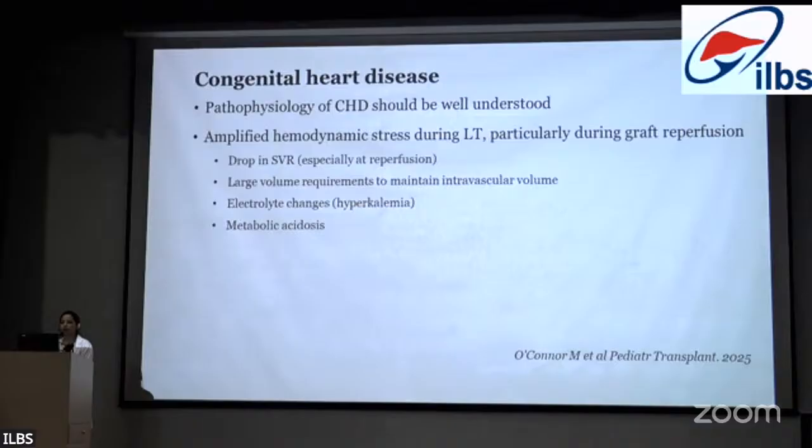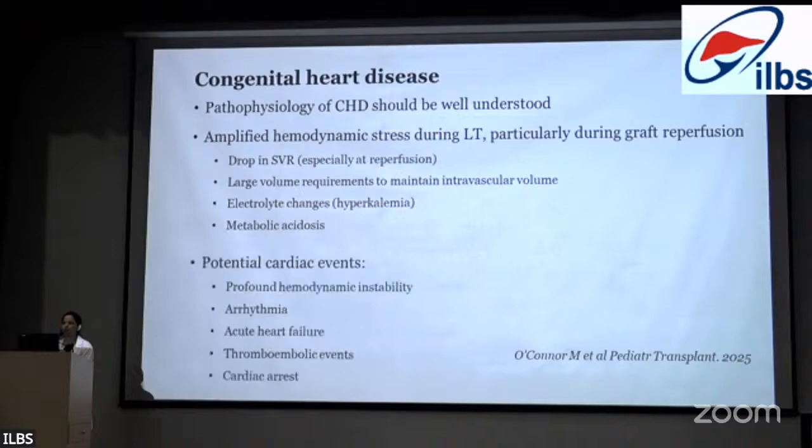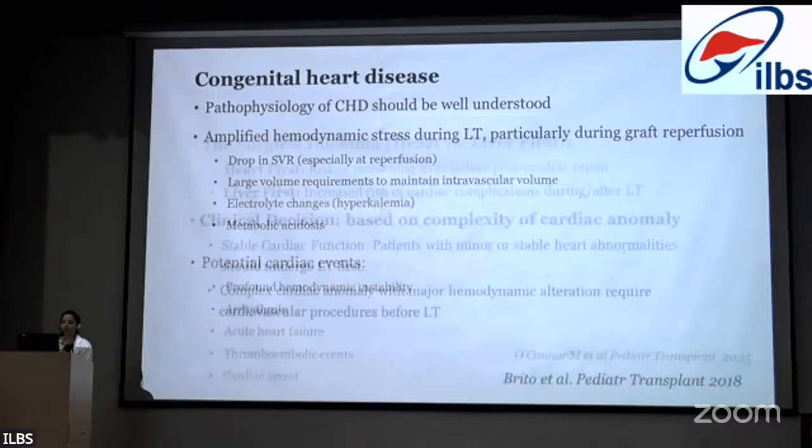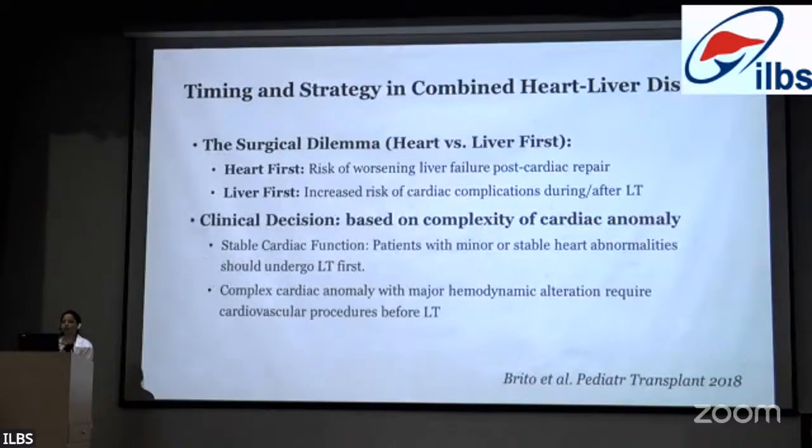There is amplified hemodynamic stress during LT, particularly during reperfusion, because there is a drop in SVR, large volume requirement, electrolyte changes, and metabolic acidosis, which lead to potential cardiac events like profound hemodynamic instability, arrhythmia, decompensation of heart failure, thromboembolic events, and even cardiac arrest. So timing and strategy in combined heart-liver disease is very important.